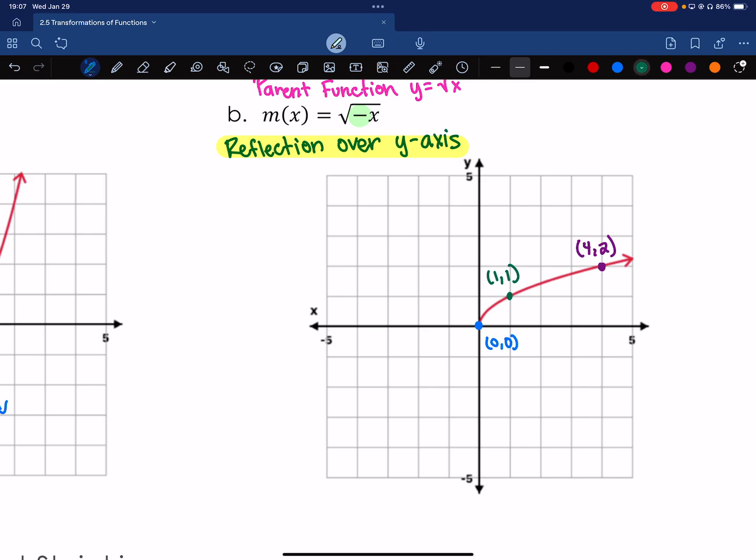So that means we would have the point 0, 0 still. But instead of 1, 1, it's going to be negative 1, 1. Instead of the point 4, 2, it's going to be negative 4, 2.